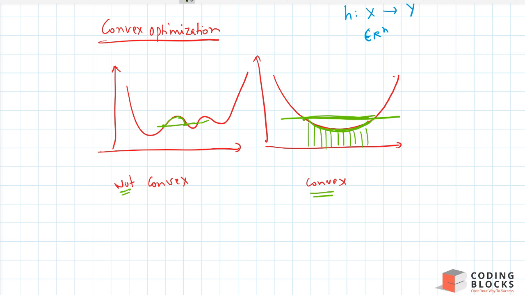How do we do it mathematically? I'm not diving into the mathematics now, but it uses a concept called the Hessian, which we will discuss later on.